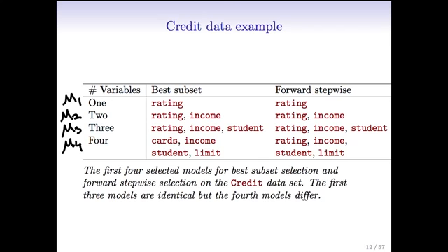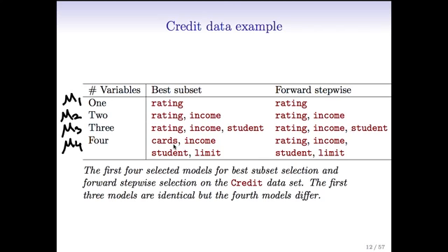And if we do forward stepwise, M1 just contains the rating variable. So far, so good. For M2, best subset contains rating and income, and the same with forward stepwise. For M3, best subset has rating, income, student, and the same with forward stepwise.